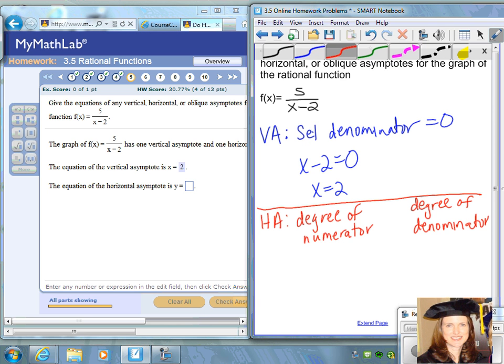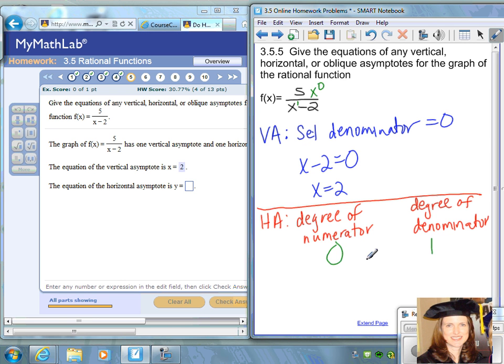The degree of the numerator is actually 0. 5 is the same thing as 5x to the 0 power. So the degree of the numerator is 0. The degree of the denominator is 1.